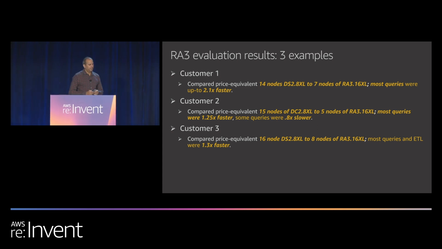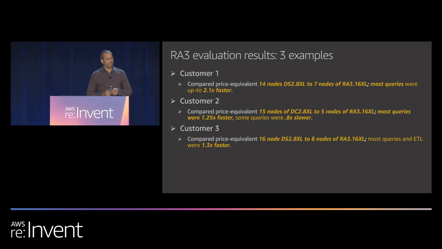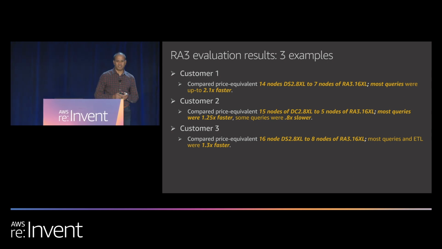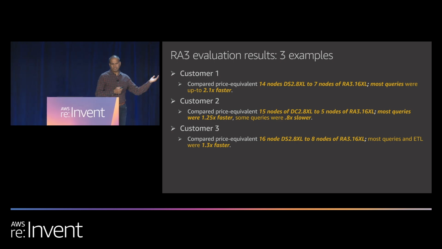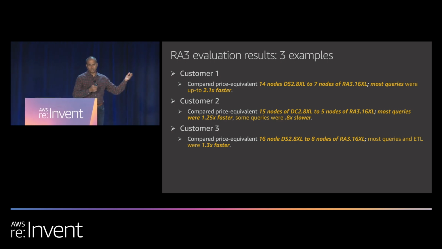And so an example with a customer 2, they had 15 nodes of DC2 8XL. And if you recall, compared to DC2 8XL, I recommended go down in 3-to-1 node count ratio for price equivalent migration. But again, that's not the only migration choice you have.